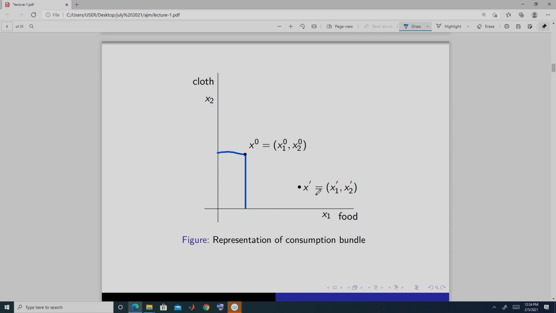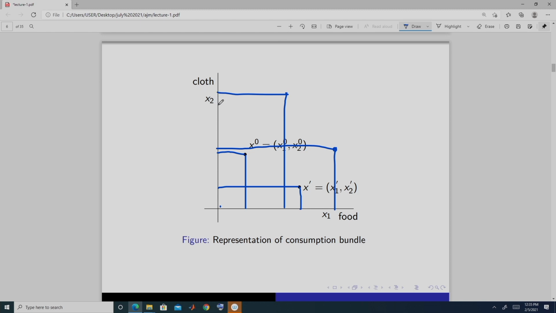Now suppose this, here this much amount of good 1 and this much amount of good 2. So if we take this point, then this height is giving me the good 2 and this base is giving me the good 1. If we take this point, then this much amount of good 1 and this height is giving me the amount of good 2, like this. Each point here gives me the consumption bundle.